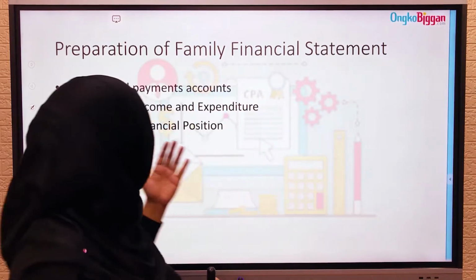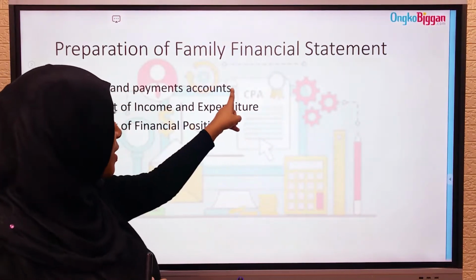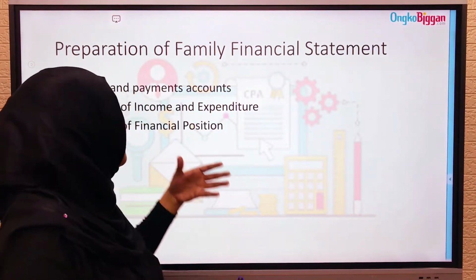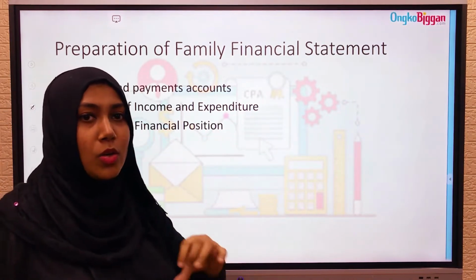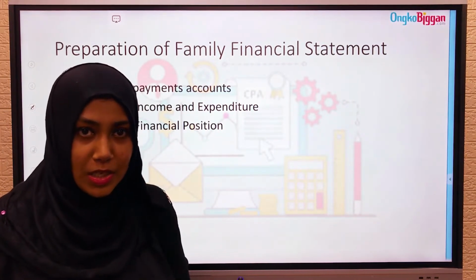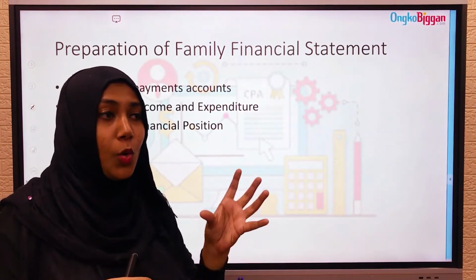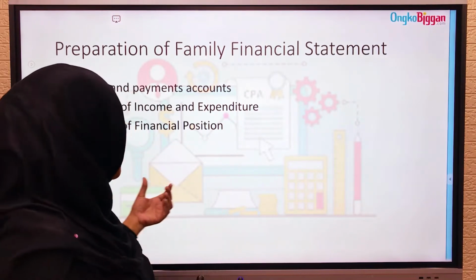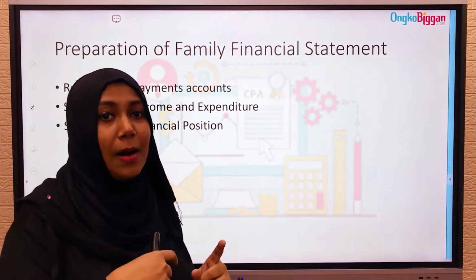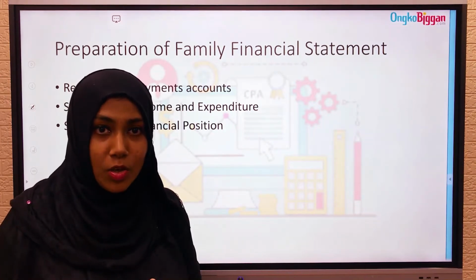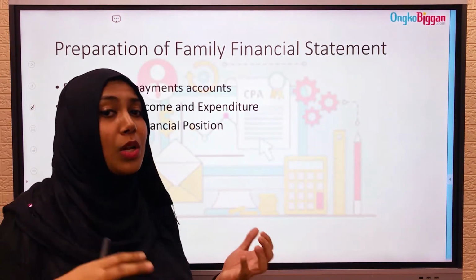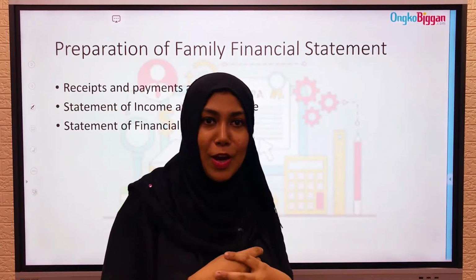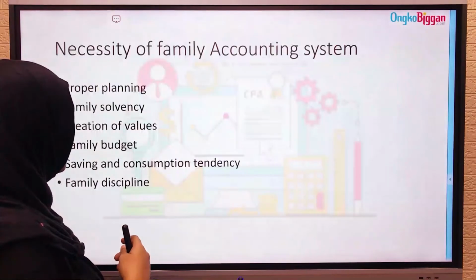In the first stage, we have to compile all the receipts and all the payments of cash. Then in the second, we have to calculate all our possible incomes and our expenditure. Through that, we can find out whether at the end our family is in surplus or in deficit. If it is a deficit, it will be subtracted from the family fund. But if it is a surplus, then we can add it to the family fund. So this is basically all about family financial positions and the family budget.